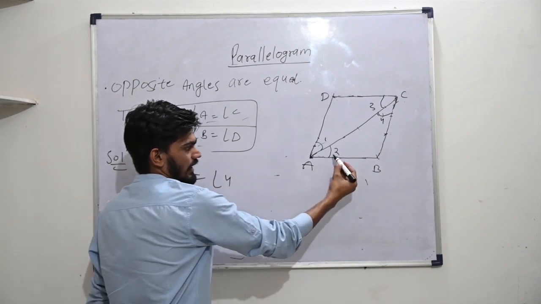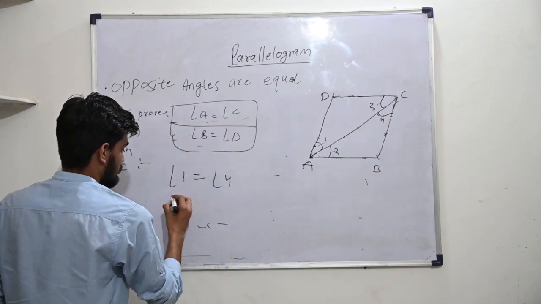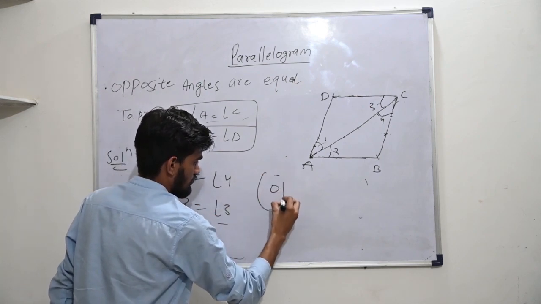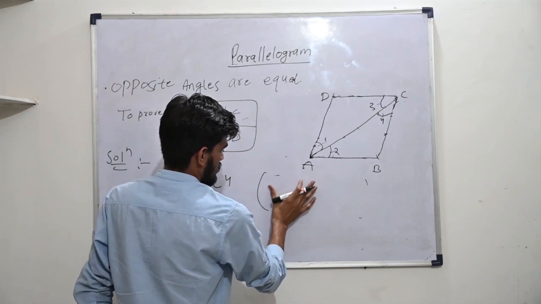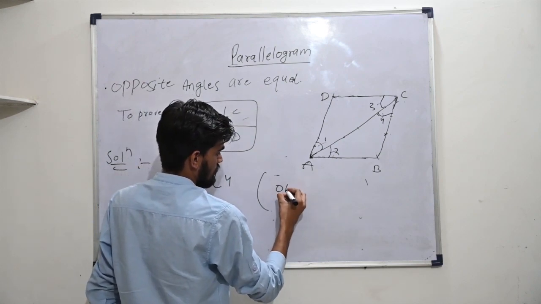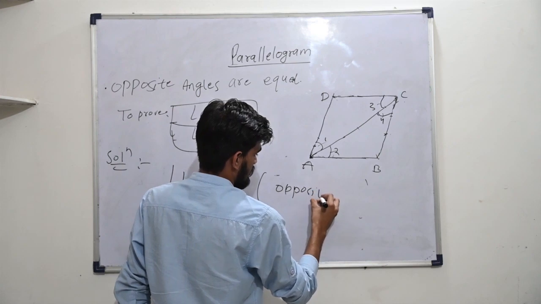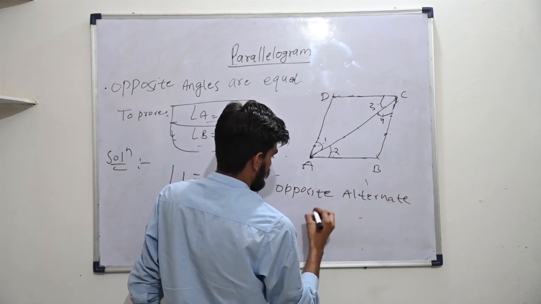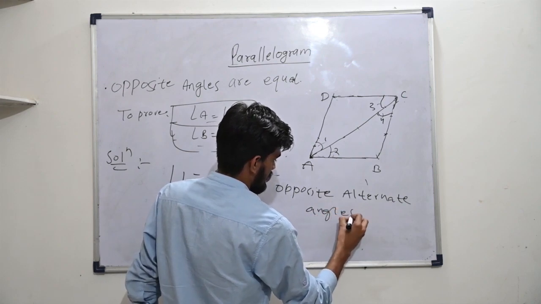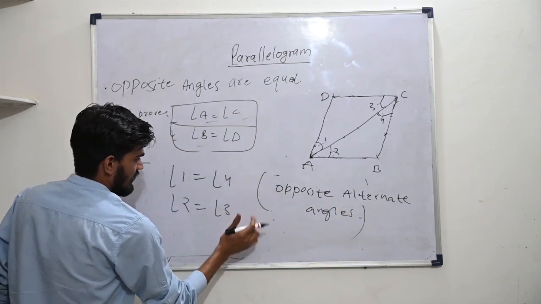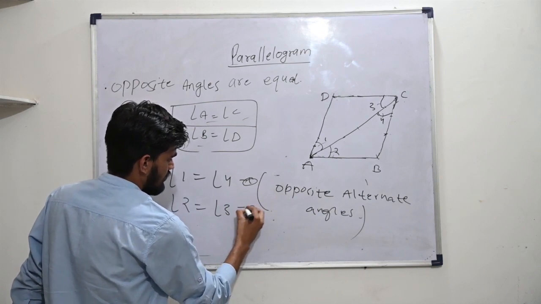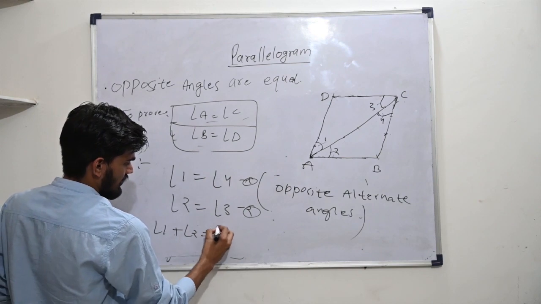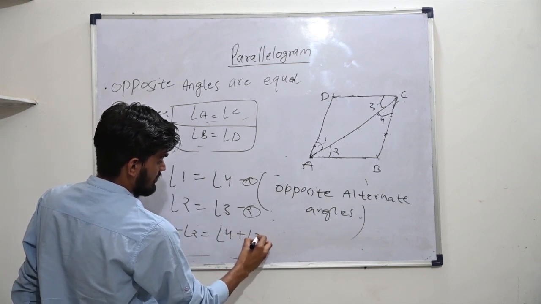The same way, angle 2 will be equal to angle 3. Now let's call these the first equation and the second equation. Add them up, and you get angle 1 plus angle 2 on one side and angle 4 plus angle 3 on the other.